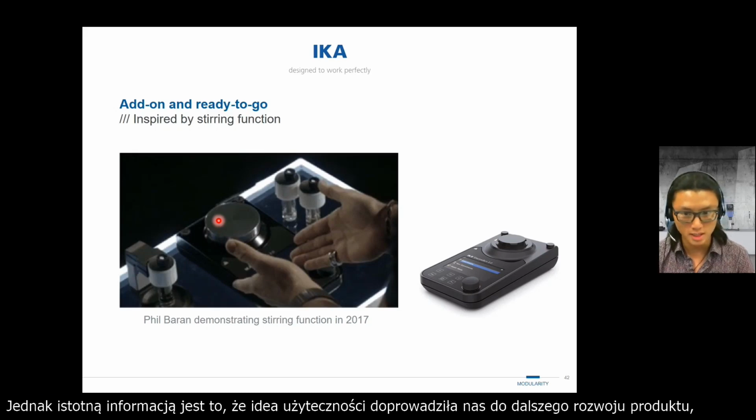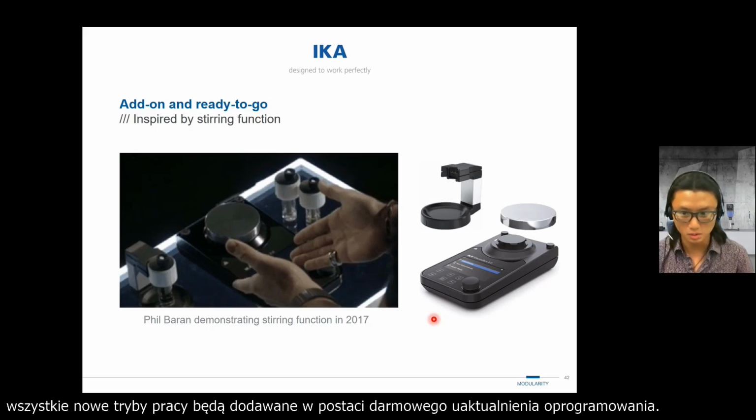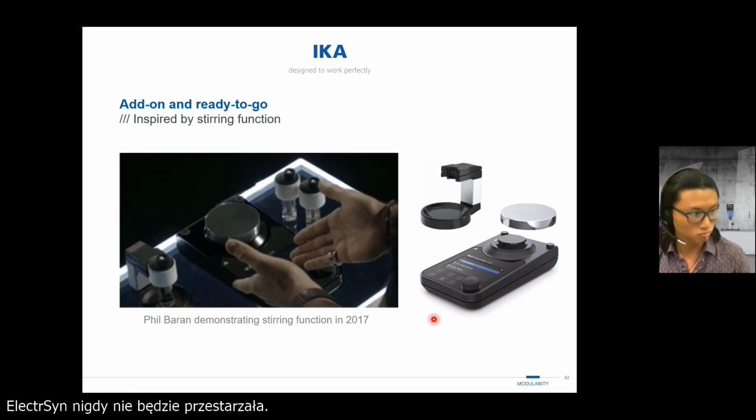But the valuable information is that the concept of modularity really inspires us with further product development. As we have promised you in the past, there's only one type of Electrocyn instrument, and all those new reaction modes can be implemented by free software updates. So if you have some requirement that has to be done on the hardware, Electrocyn will never be obsolete.